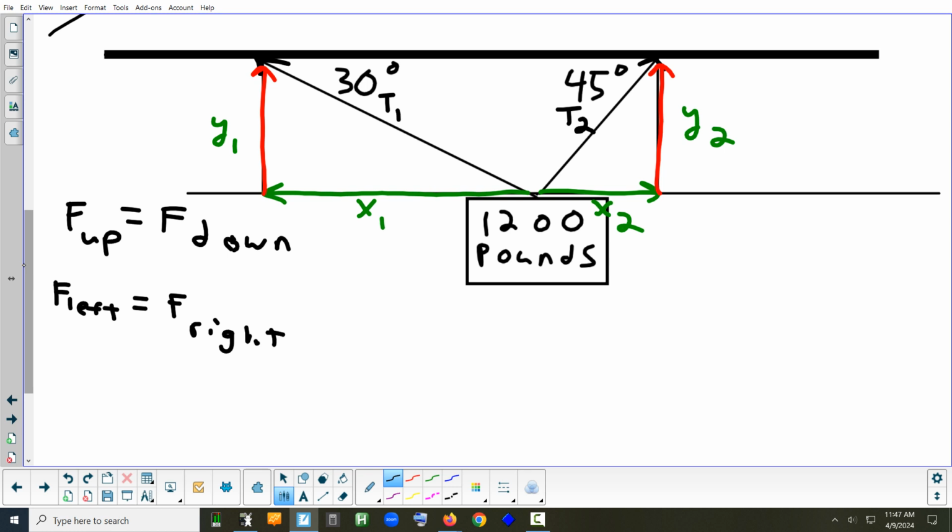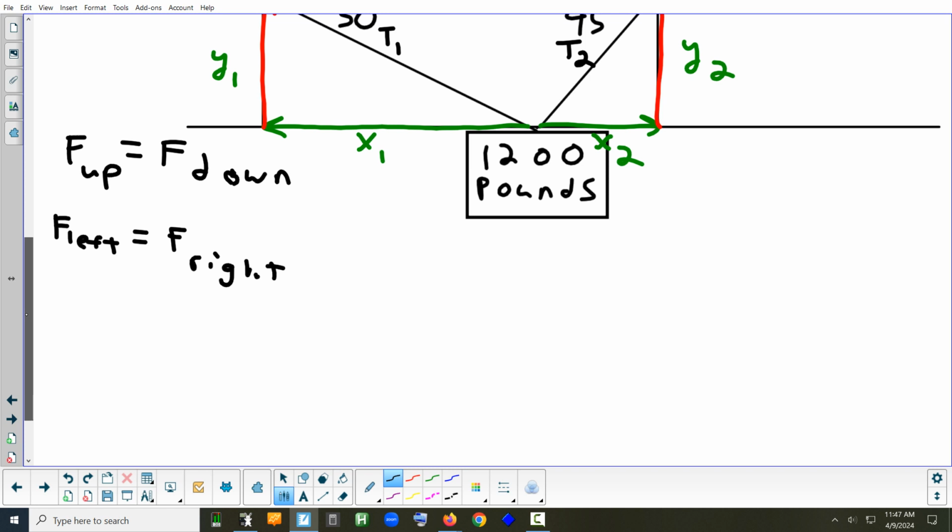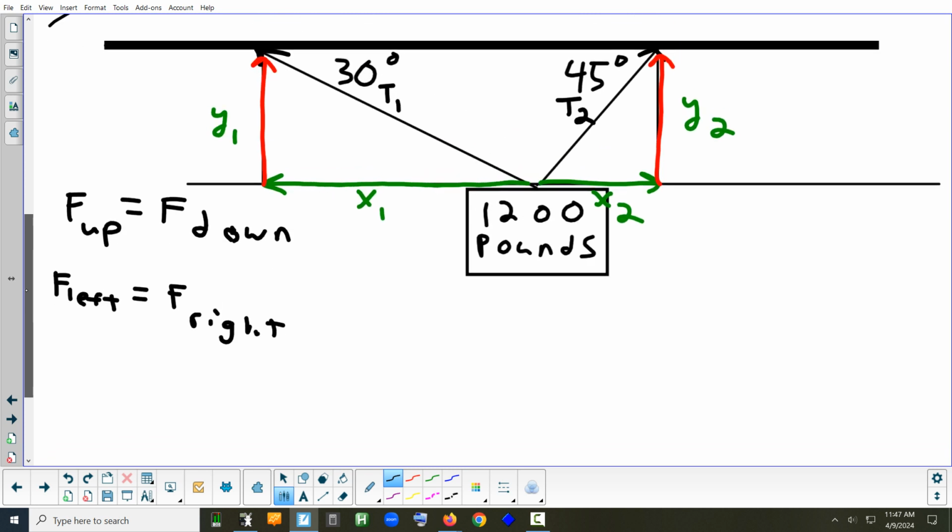So what are the forces pulling up here? Y1. Anything else? Y2. So they're both working together. How do you think you would represent Y1 and Y2 working together? 2Y.